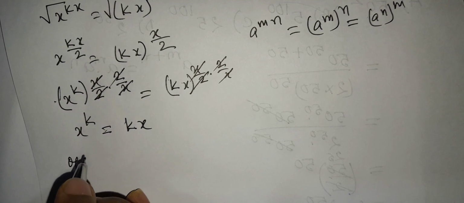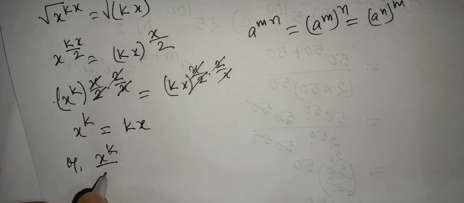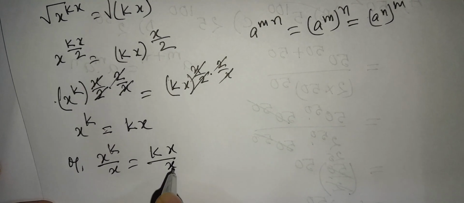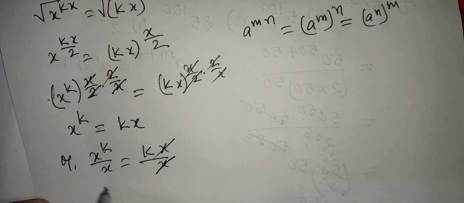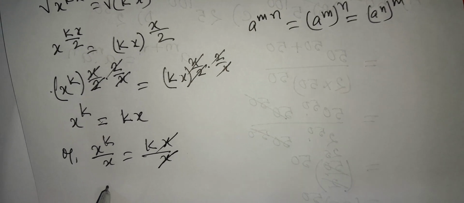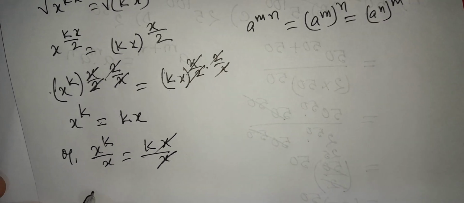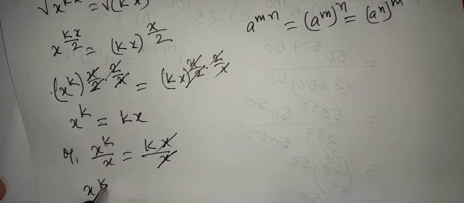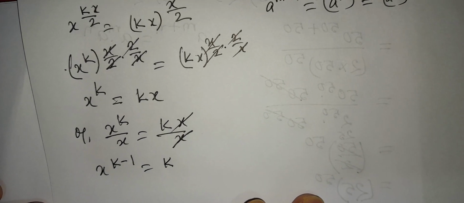I divide by x in both sides, x to the power k by x, kx by x. Here cancelled the x. Now we can write x to the power k minus 1 equal to k.